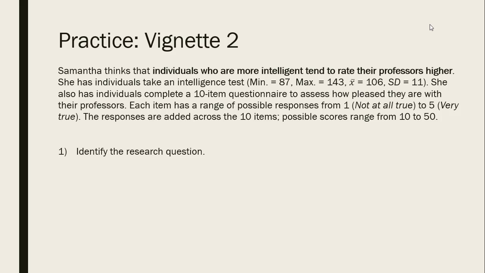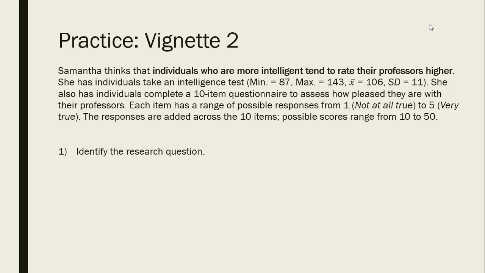All right, so let's move on to vignette number 2. We need to first identify the research question, and then we'll move forward. So Samantha thinks that individuals who are more intelligent tend to rate their professors higher. We do actually find that if you score well in a class, you tend to be a little bit nicer on evals. So it's possible that just by being prepared for the class, a little bit more intelligent, maybe performing better in the class, they feel better, happier, more satisfied with the end result. So she has individuals take an intelligence test. The min is 87, the max is 143.